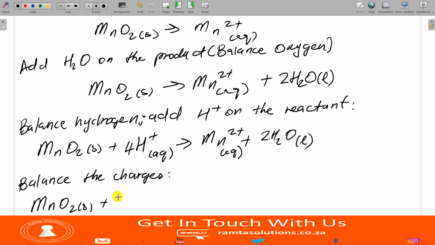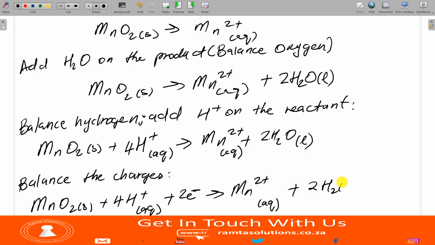Plus 4 H+ ions, plus 2 electrons will give us Mn2+ aqueous plus 2H2O liquid. Now, as you can see, the charges are balanced, right?